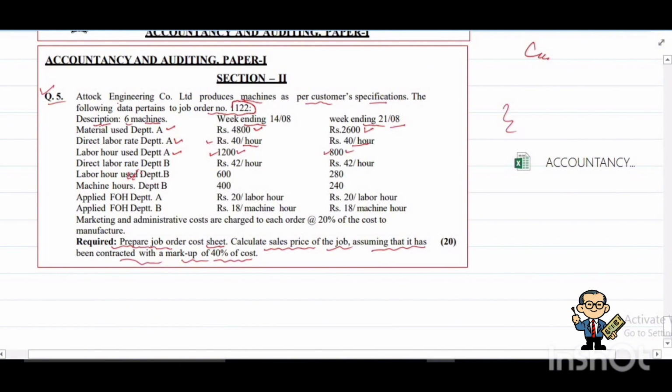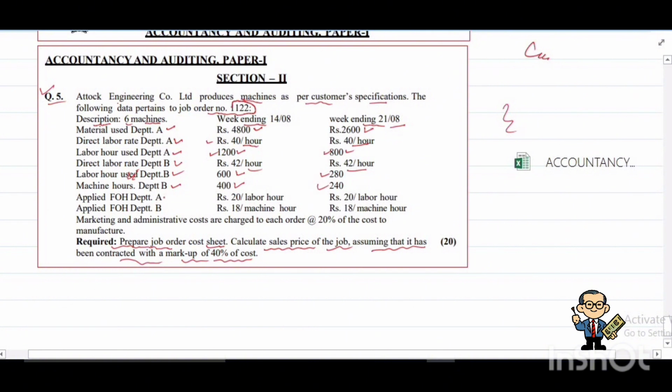Now let's move on to department B. The department B direct labor rate is 42 per hour, and 42 in the next week. The labor hours used by department B are 600 and 280. Then we have the machine hours for department A: 400 machine hours, and 240 in the second week.